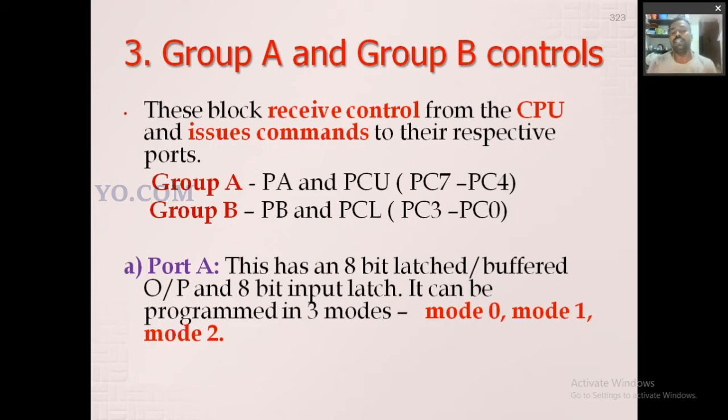First one, port A. This has an 8-bit latched buffered output and an 8-bit input latch. It can be programmed in 3 modes: mode 0, mode 1, mode 2. So port A is 8-bit, with latched or buffered output and latched input.